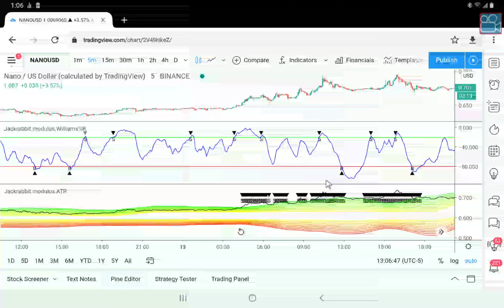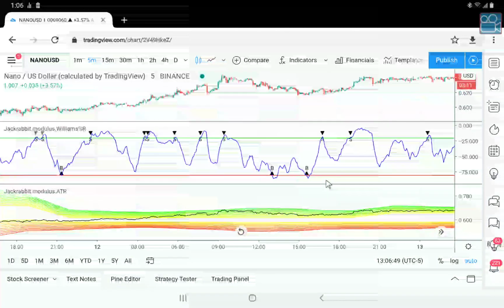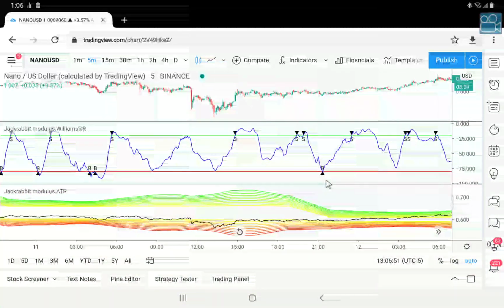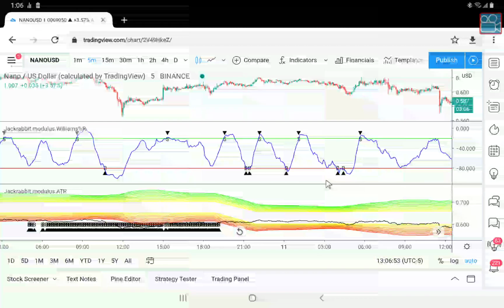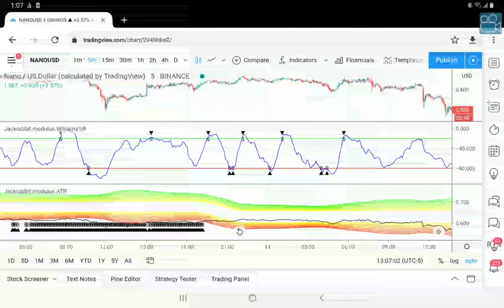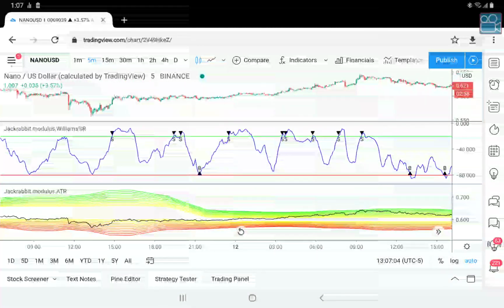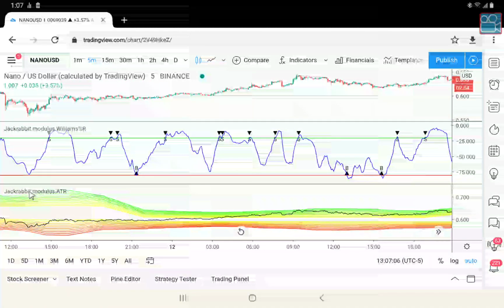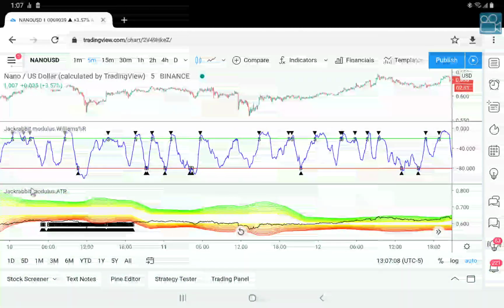The same holds true for the buy pattern. ATR is quite difficult to link up with Williams unless you really zero in on a very careful process. And I'm going to go through that process right now. First, let's relink these.